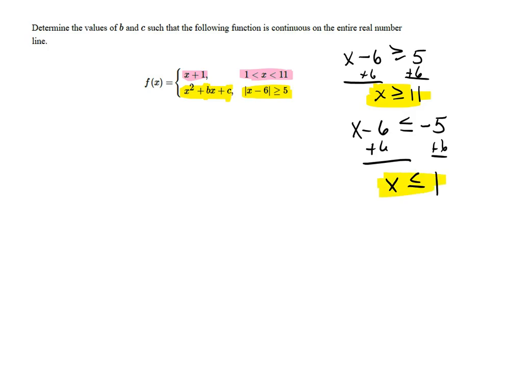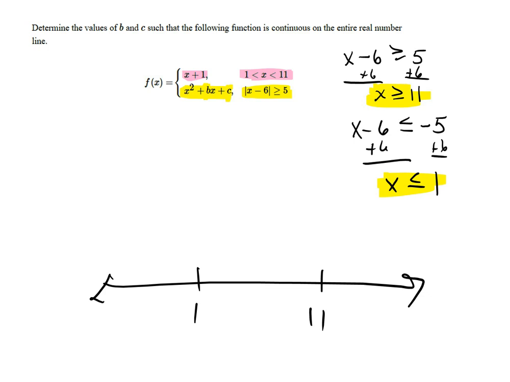So basically, just to give you a visual on this, here's a number line. Here's 1, and somewhere up here is 11. If you're going to use the quadratic equation, it would be for these, including 1 and 11.